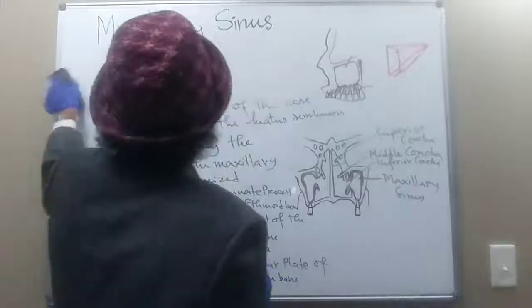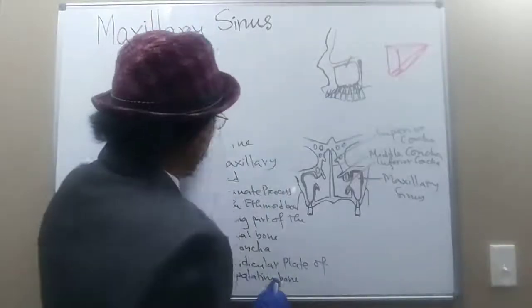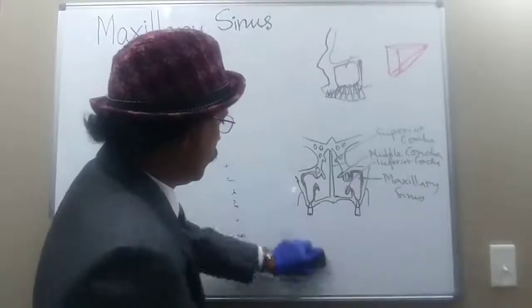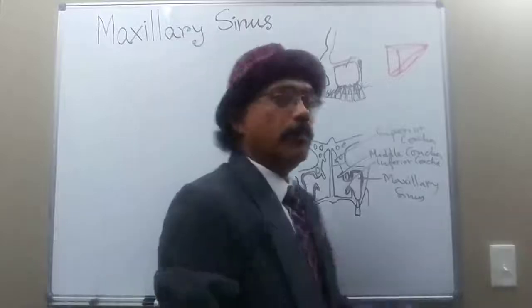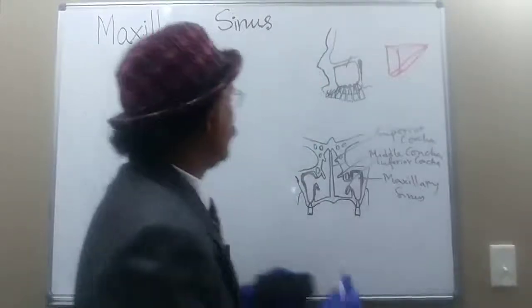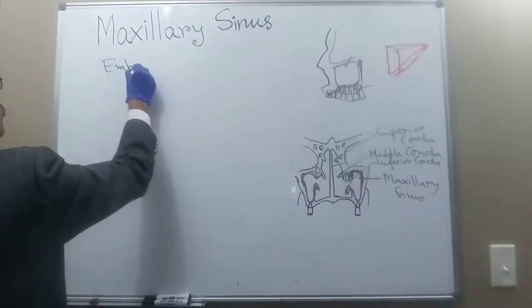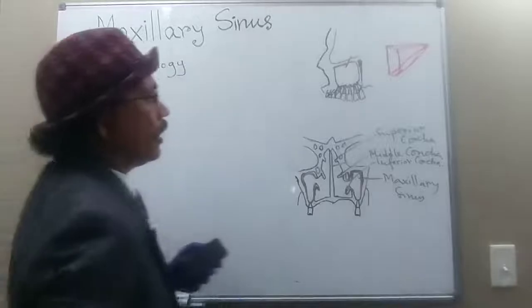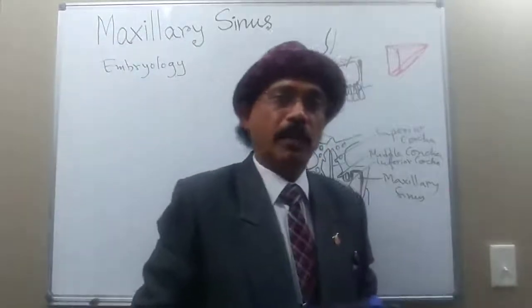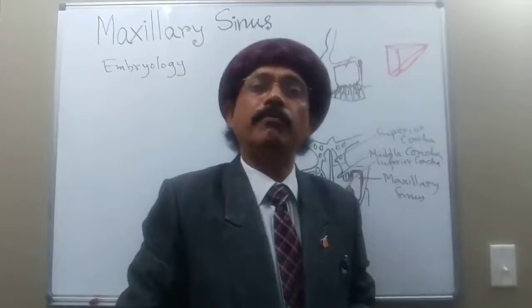Now, what is the size of the maxillary sinus? How does it grow? Embryologically, this is a diverticulum of the nasal cavity. And these are the only paranasal sinuses which develop during fetal life.